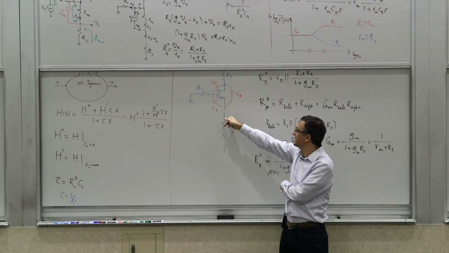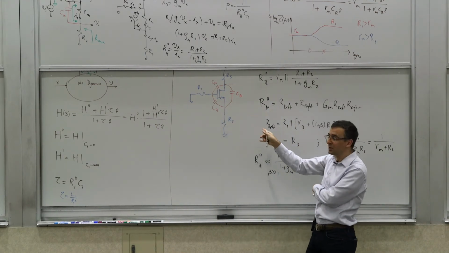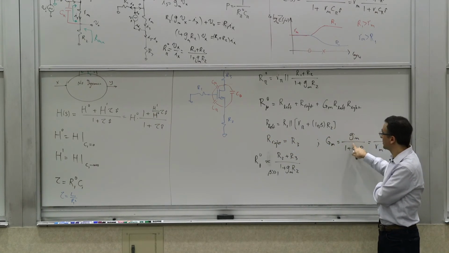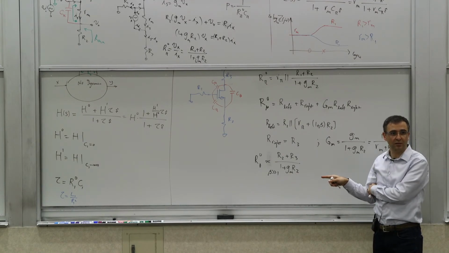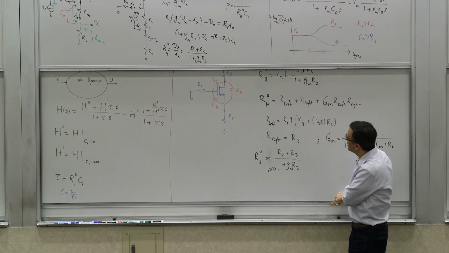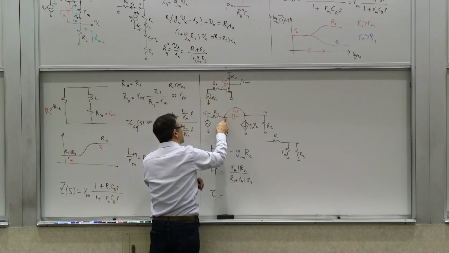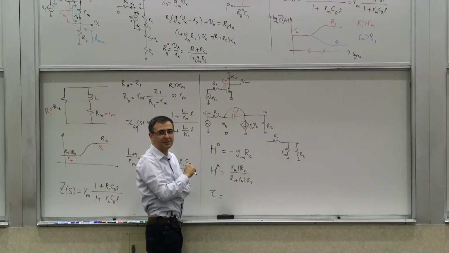The only difference is that this resistor is not there. So my capital GM becomes my regular small gm, right? So what I need to do is calculate the R left and R right. So what is R left? What is connected to the left terminal of this capacitor?